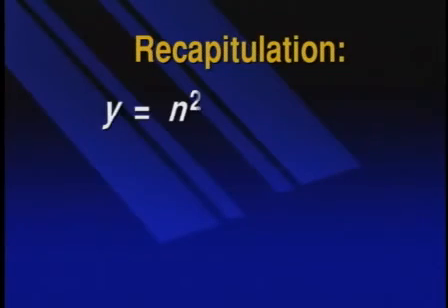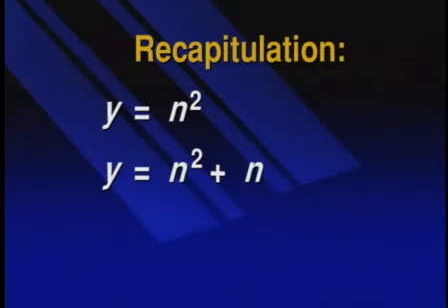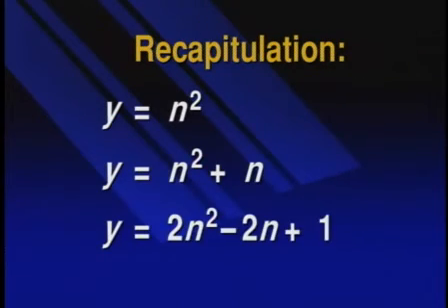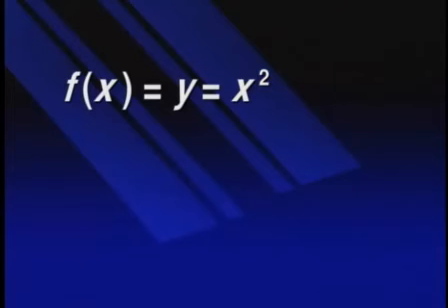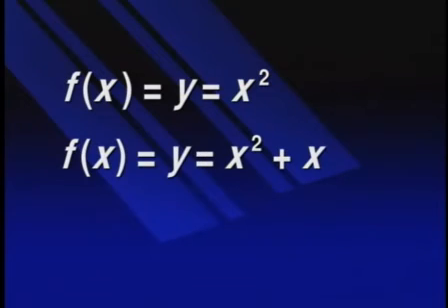The first was y equals n squared, the second n squared plus n, and the third was 2n squared minus 2n plus 1. If we go from n to x, from the discrete variable to the continuous variable, we can write those same 3 functions as f of x equals y, which equals x squared. The second one is f of x equals y equals x squared plus x.